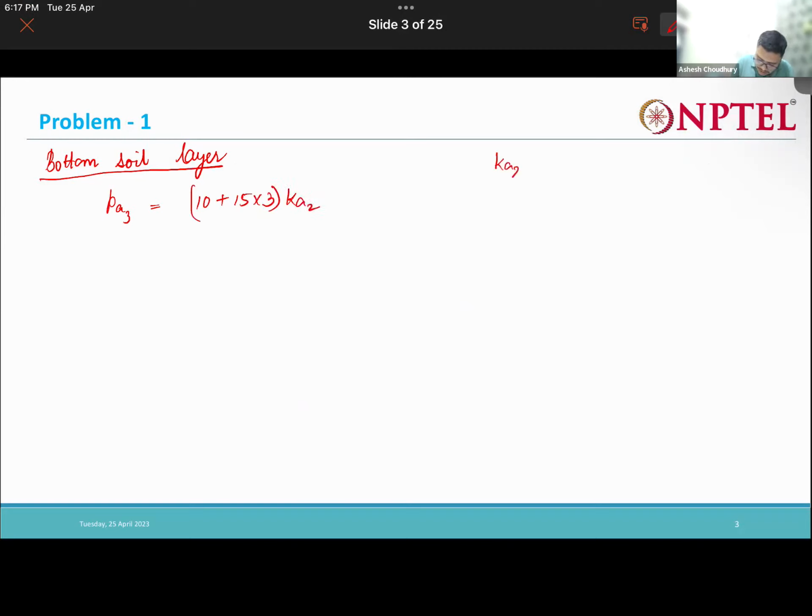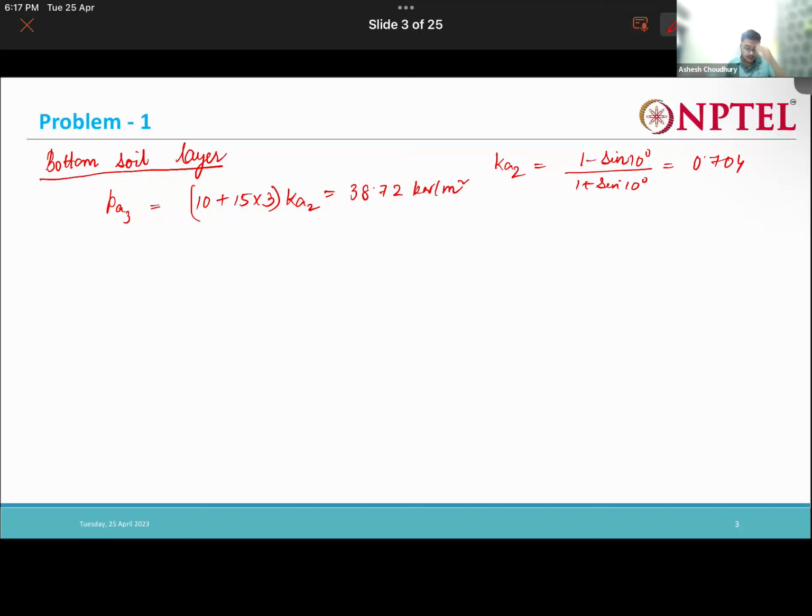So what is our K2? 1 minus sine 10 degrees by 1 plus sine 10 degrees, right? 0.704. So this will be 15 into 3 is 45 plus 10, 55 into 0.704, 38.72 kilonewton per meter square.